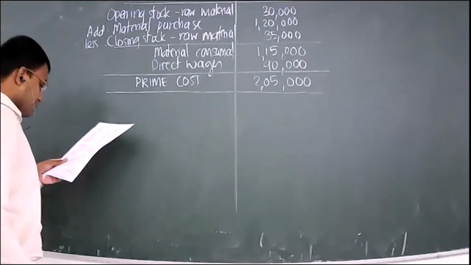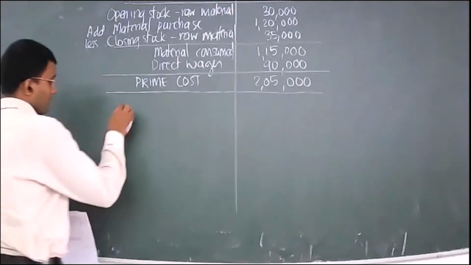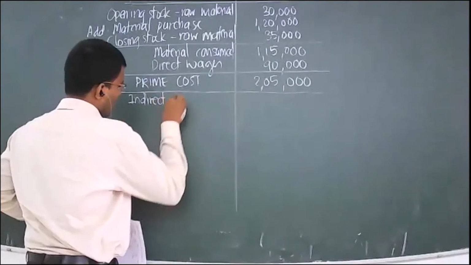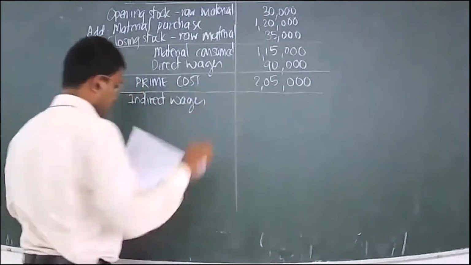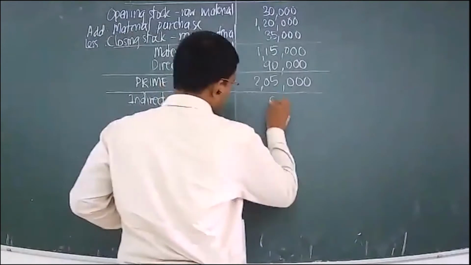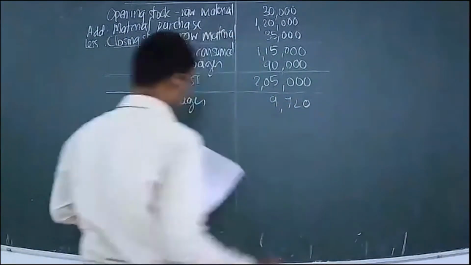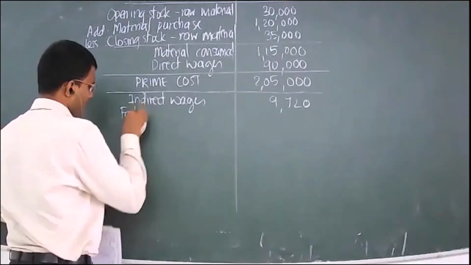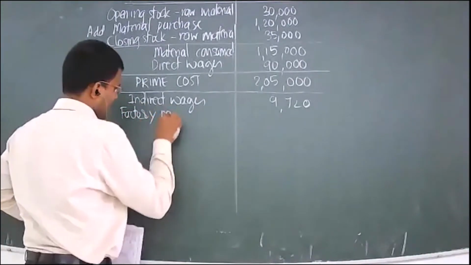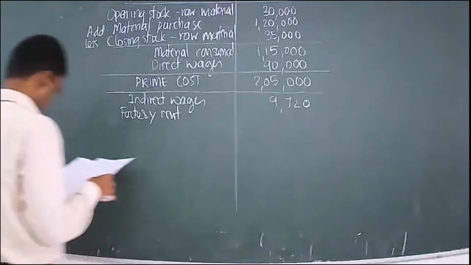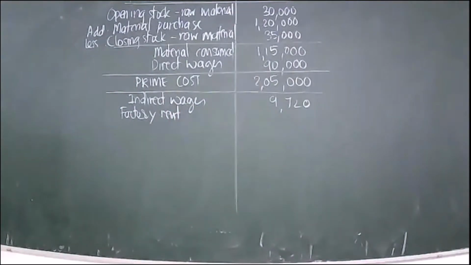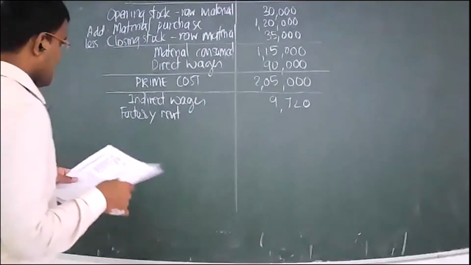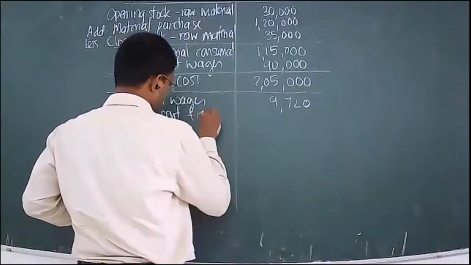Now, let's look at the items which fall under factory overheads one by one. We have indirect wages. Indirect wages is 9,720. Then we have factory rent and rates.